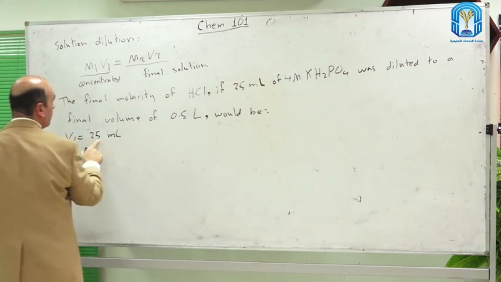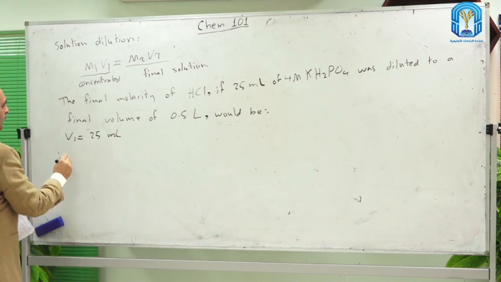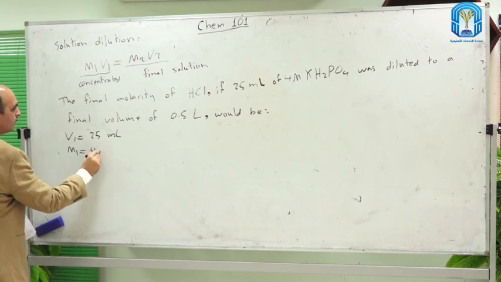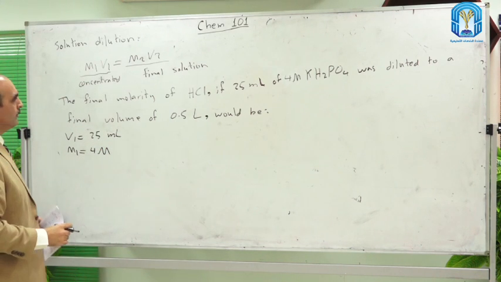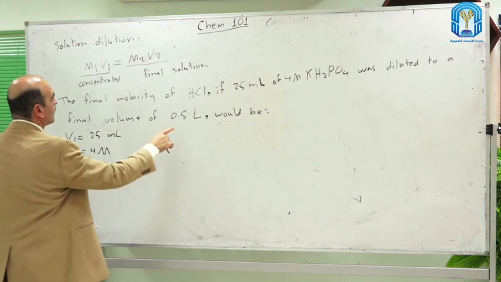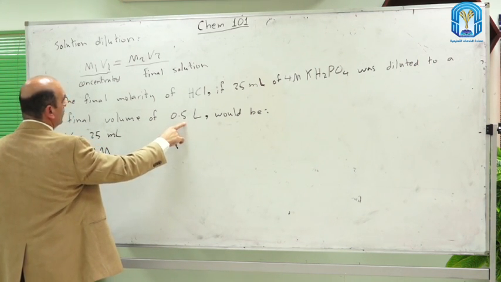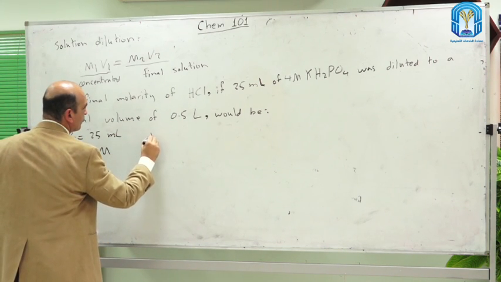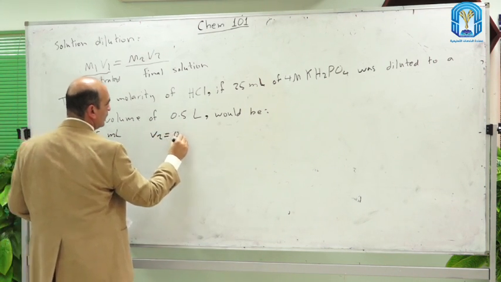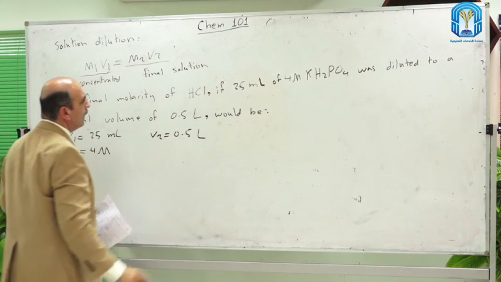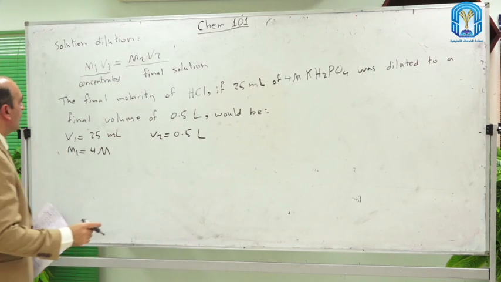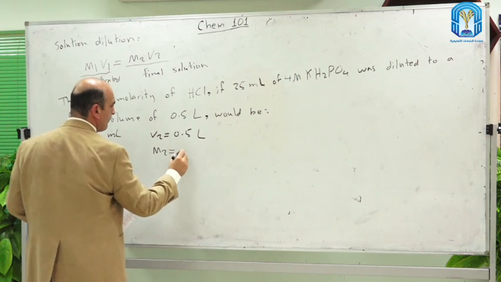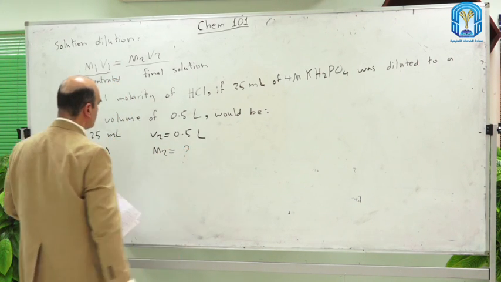So we have V1 25 milliliters and M1 is equal to 4 molar, and we have the final volume 0.5 liter, which is V2, and the final molarity, which we need to calculate, is unknown.